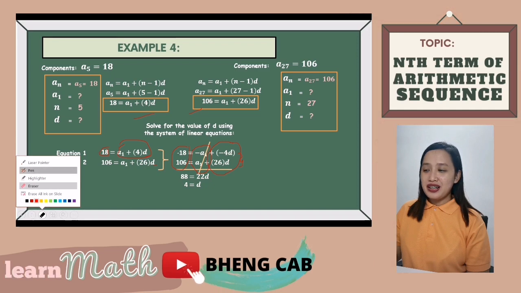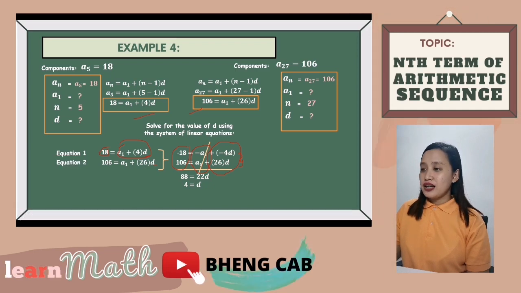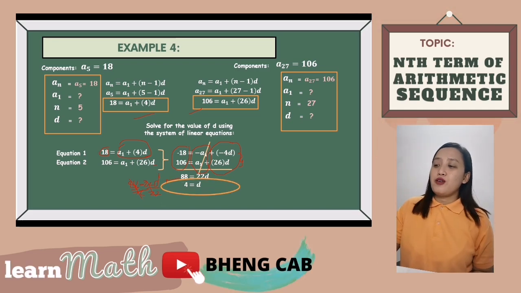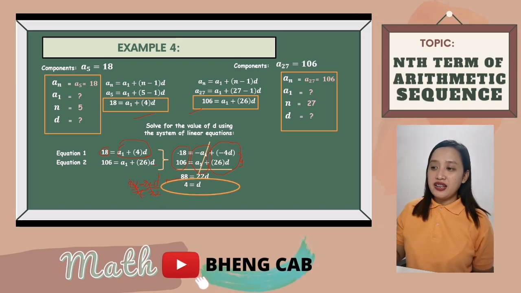Ulitin ko po, paano po nagkaroon ng D equals to 4? Kasi nga, here, meron kang 88 equals to 22D. So, divide both sides by 22. Whatever you multiply, you add, you divide to one side, ganun din ang gagawin mo sa isa. Sorry, panga talaga ng cursor ng computer. So, D equals to 4. So, ibig sabihin nun, 88 divided by 22 is equal to 4.